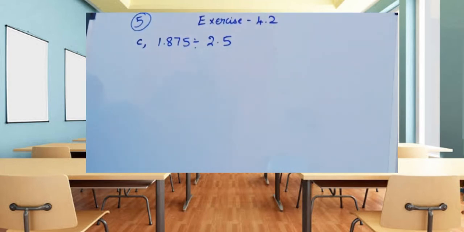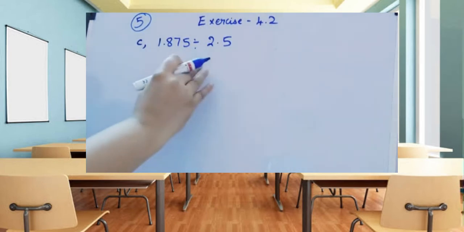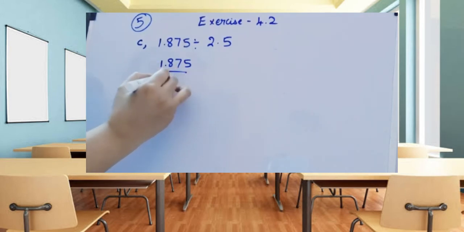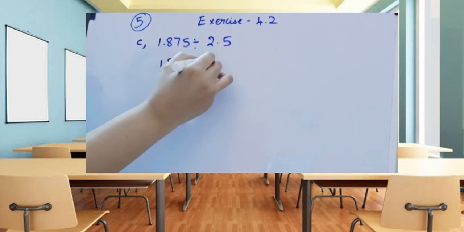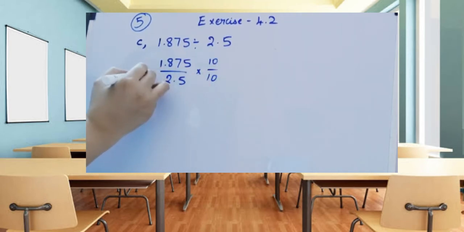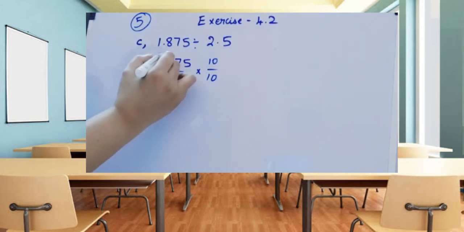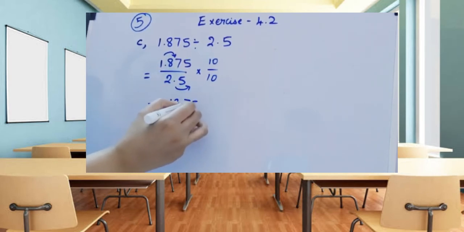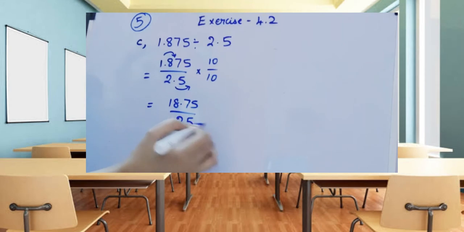Here the divisor has a one-digit decimal, so I am going to multiply by 10. 1.875 divided by 2.5 into 10 over 10. The decimal moves one step, so 18.75 divided by 25.